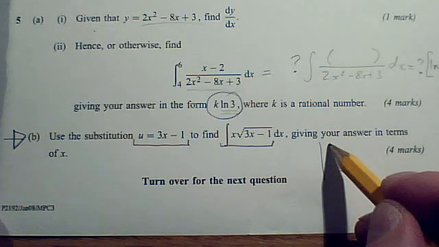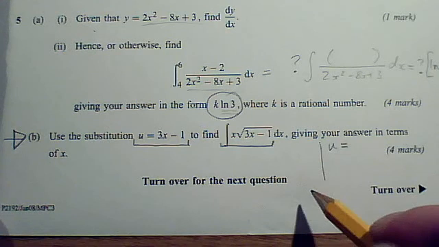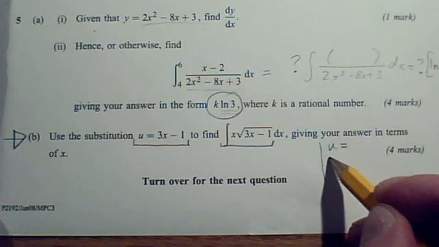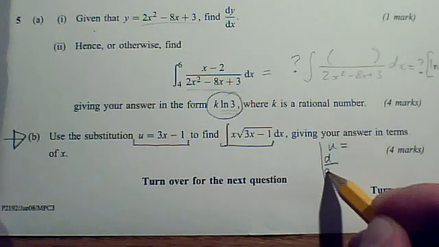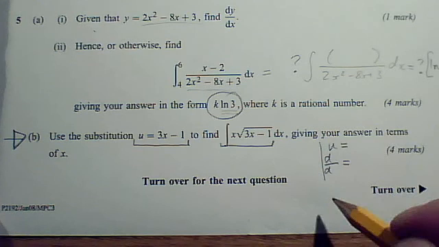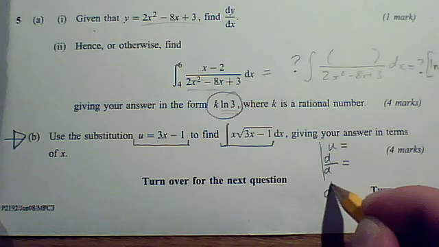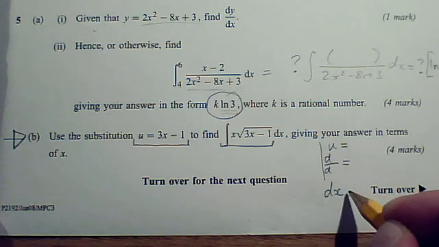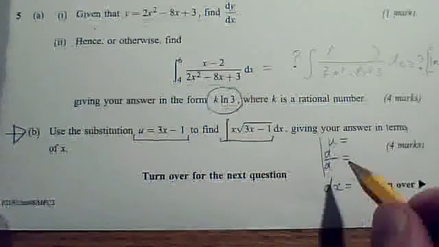You're going to start with your substitution u equals, and the first thing we always do is differentiate it, d something by d something equals, and work that through until you can get dx equals what you're going to replace your dx by.